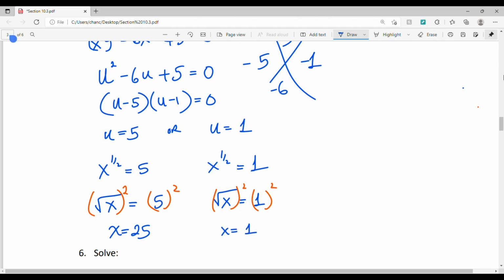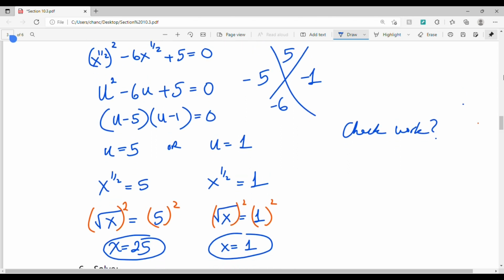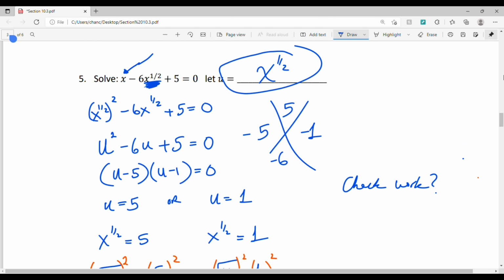Now you can't accept these as good solutions. You gotta check your work because we squared both sides. So I gotta check my work to make sure it's a good solution. Let's try 25 first. And when we do this, we will plug it into the original equation.